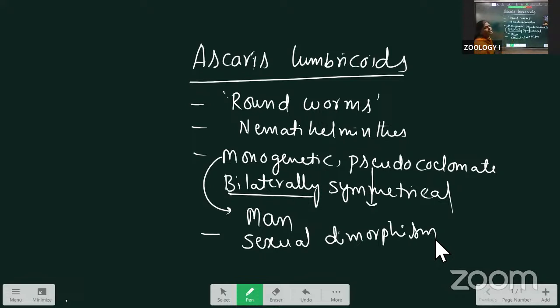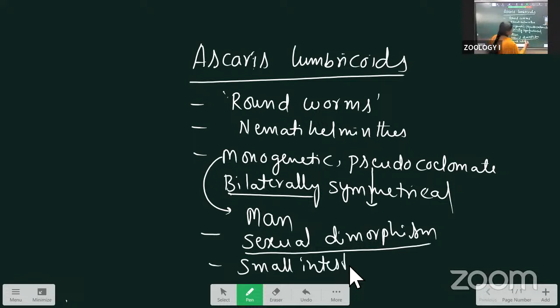First time here, sexes are separate, male and female, that we call sexual dimorphism. Ascaris is present in the small intestine of man. This is the introduction of the Ascaris.